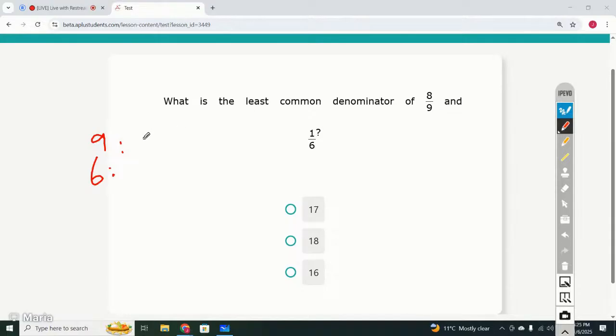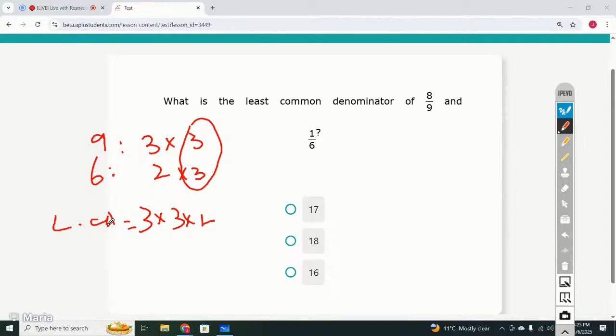The prime factors of 9 are 3 times 3 and the prime factors of 6 are 2 times 3. So this is the common factor and this is the non-common factor. So the least common denominator is 3 times 3, that is 9, and 9 times 2 is 18. So the least common denominator of 8 by 9 and 1 by 6 is 18. Got it?